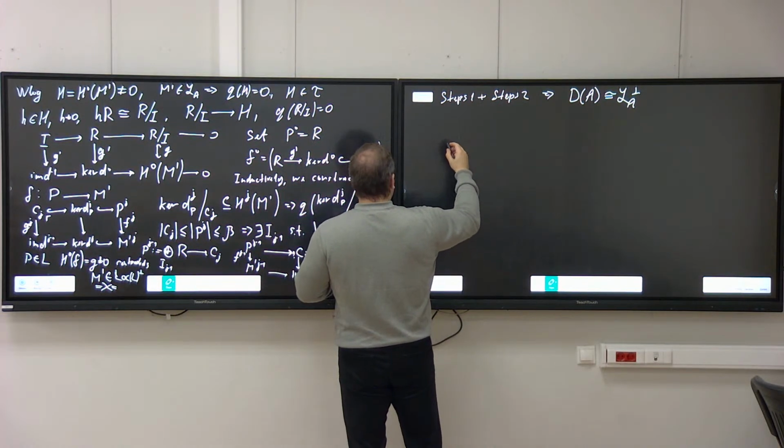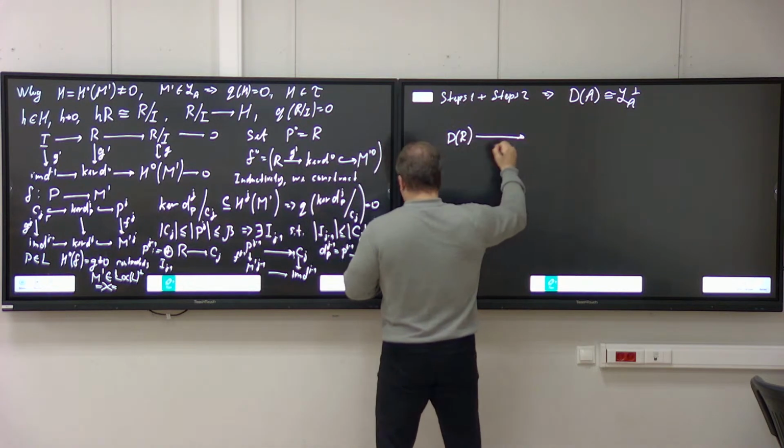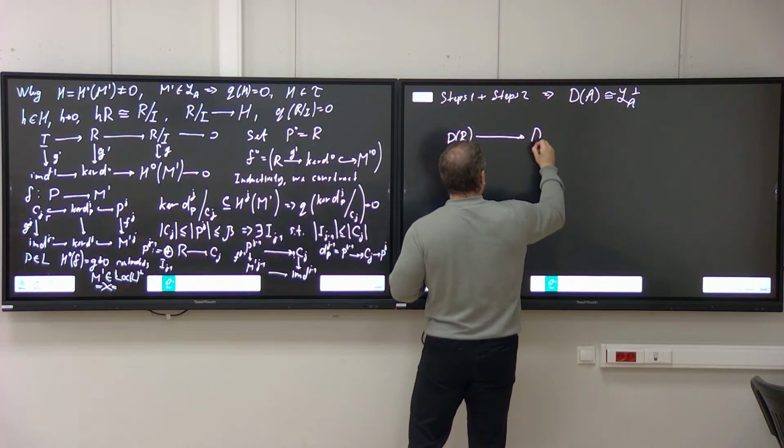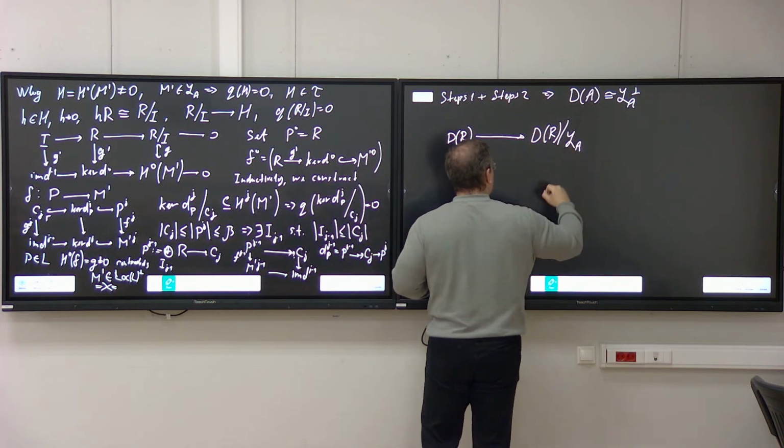Well, that is because we already know that we have the derived category of the ring. So then there is a quotient functor to the derived category of the ring modulo L sub A, right?